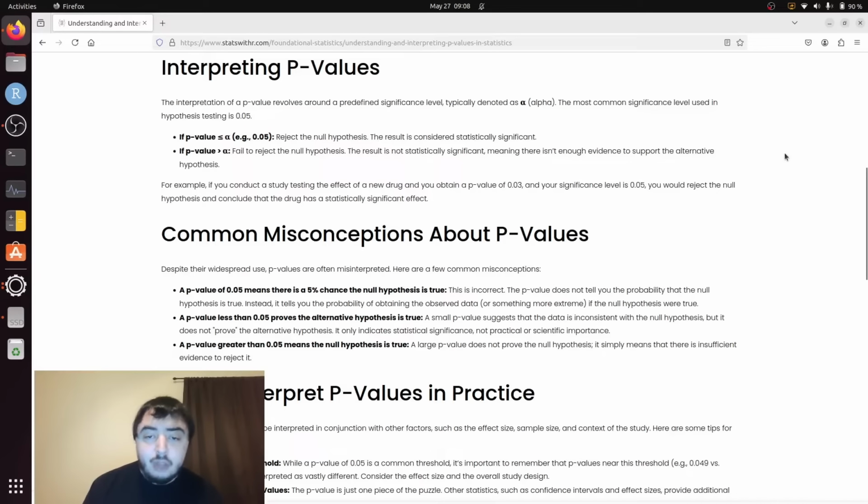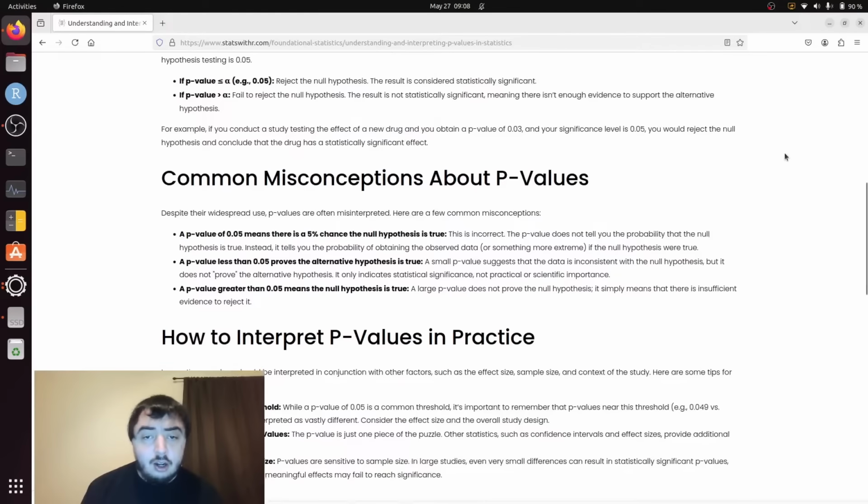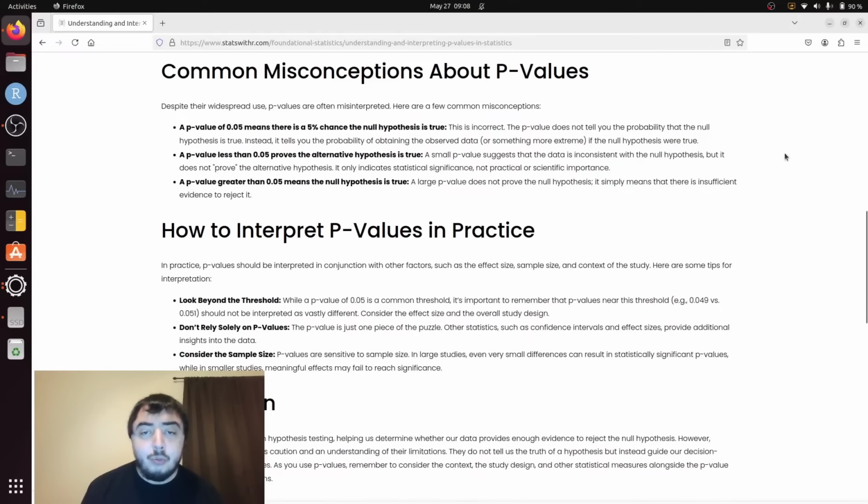Okay? So here's some things that people think p-values mean, but it doesn't. A p-value of 0.05 means there's a 5% chance the null hypothesis is true. That's not true. We don't get that level of precision in our analysis. We only get that the observed data is consistent or inconsistent with the null hypothesis.